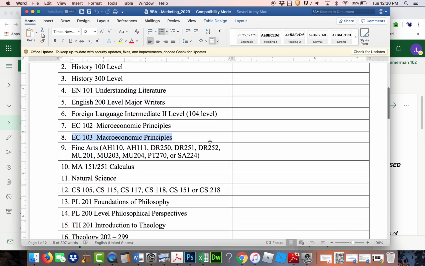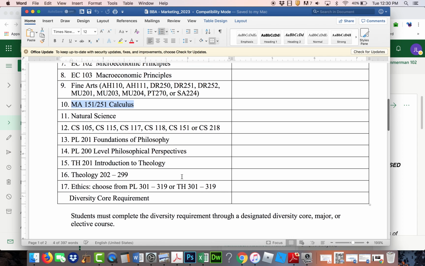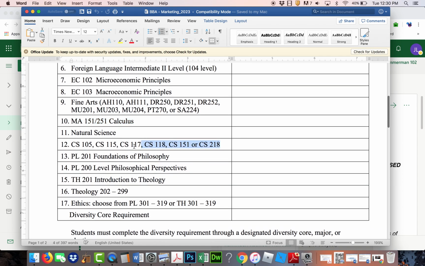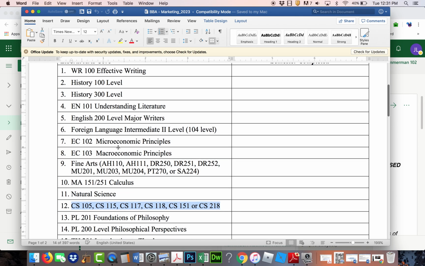And then as we scroll down here, they have to specifically take either applied mathematics or calculus. So this 151 is applied. And then they kind of narrow down the courses that you can take for the math slash computer science core. So that's not that many that they're specifically telling you to take.